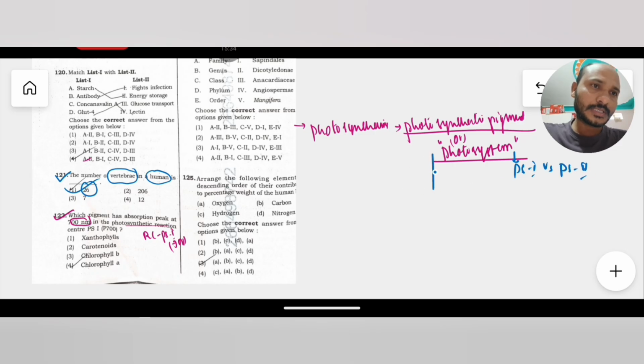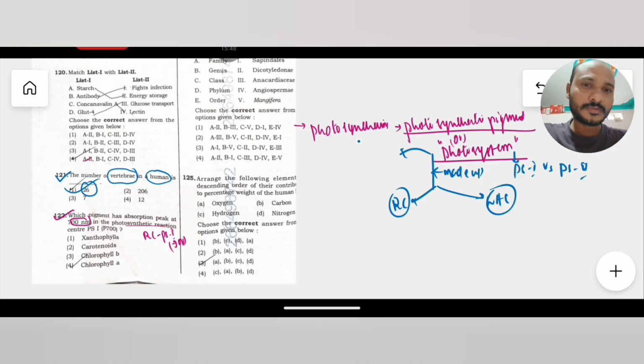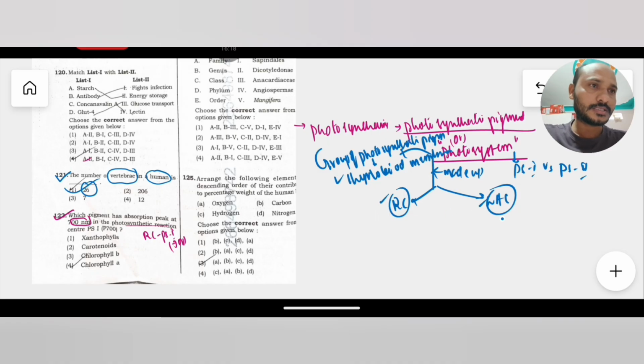Every photosystem is made up of two important components: one is the reaction center and the other is the LHC. Remember, a photosystem is nothing but a group of photosynthetic pigments, and this photosystem is present on the thylakoid membrane only. The light harvesting complex is also called the antenna.